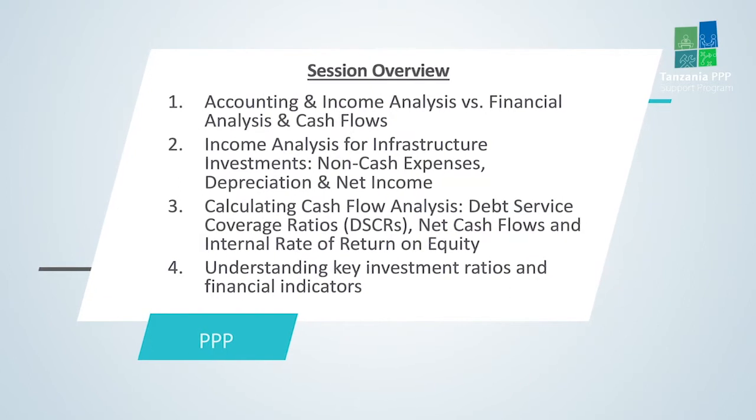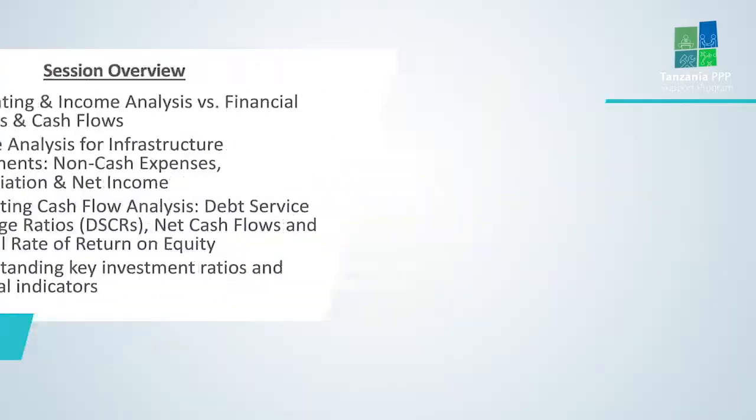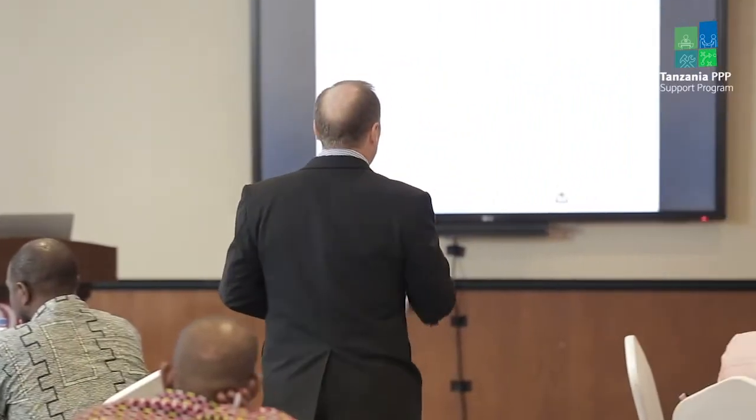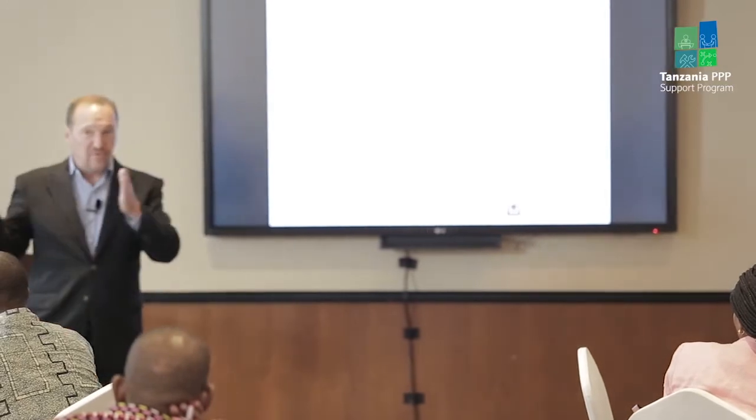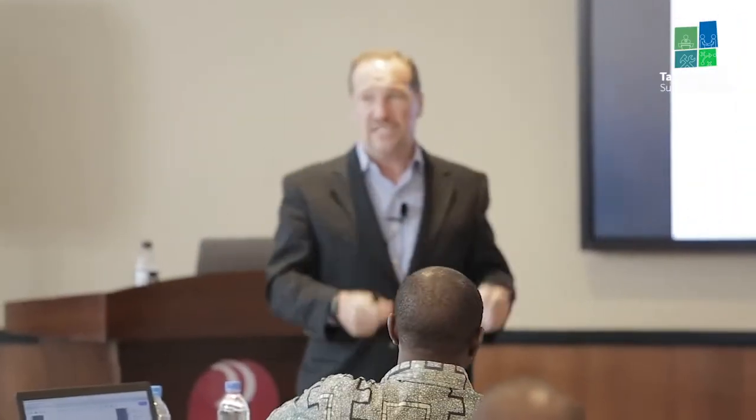And then to compare that with income analysis coming from the accounting profession, which has slightly different approaches to how it values certain costs and benefits. So we'll understand the difference between a profit and loss statement and a cash flow statement and others, from a practical perspective of how financial models are presented.